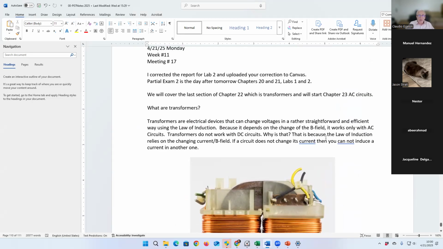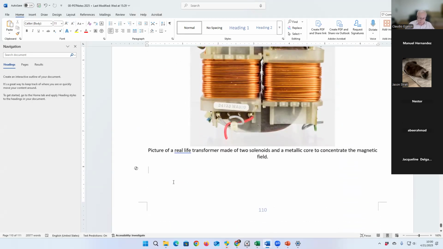Metallic core. Let's see. One way to create a transformer is to insert a solenoid inside another one, right? Just like you saw before.